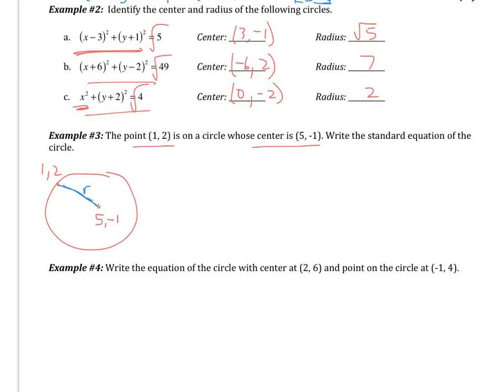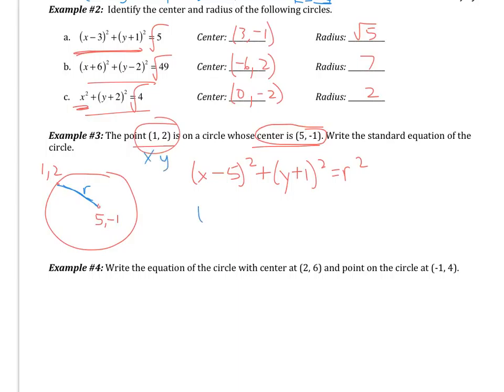Or if we take what we do know, okay, we know that the center is at (5, -1), and begin to set up our equation of (x - 5)^2 + (y + 1)^2 = r^2, then I can take the 1 and the 2 and I can plug these in for x and y.